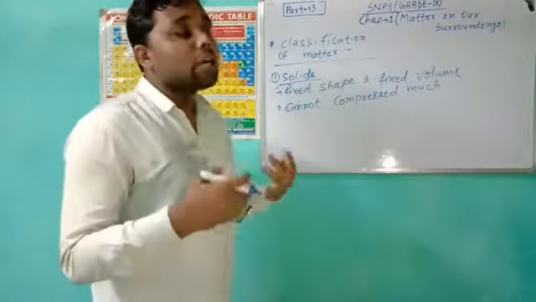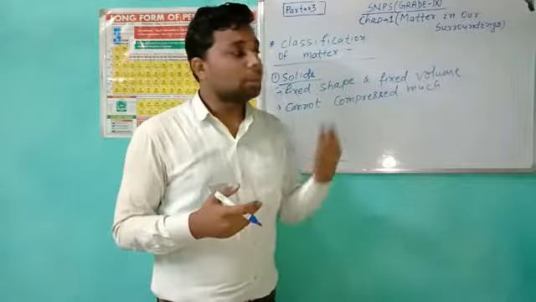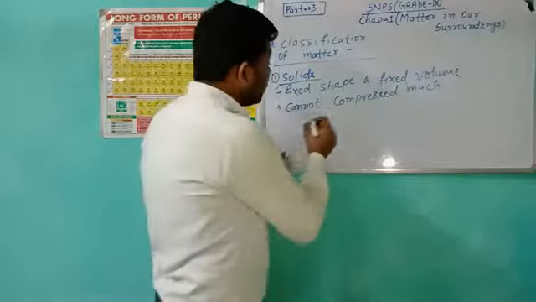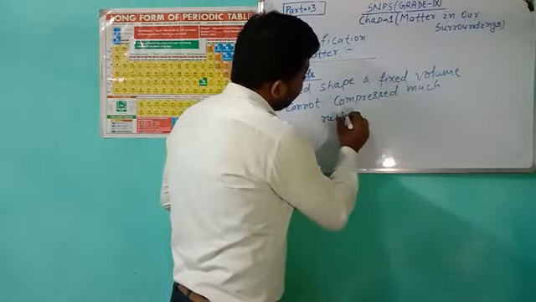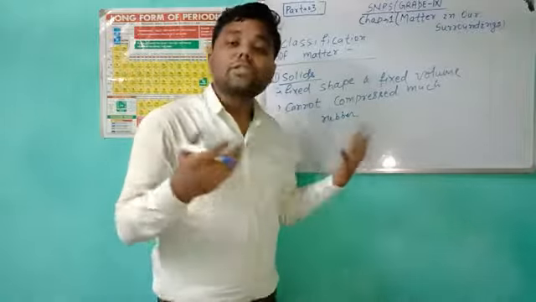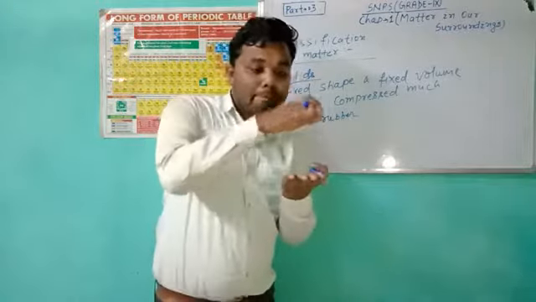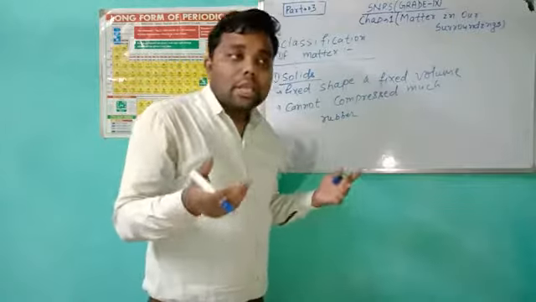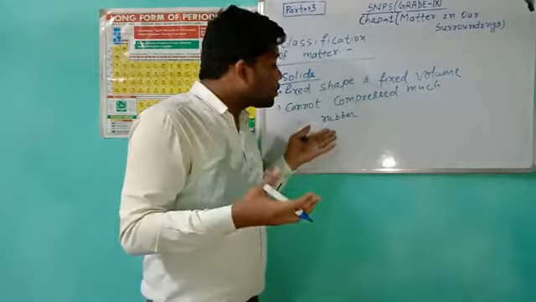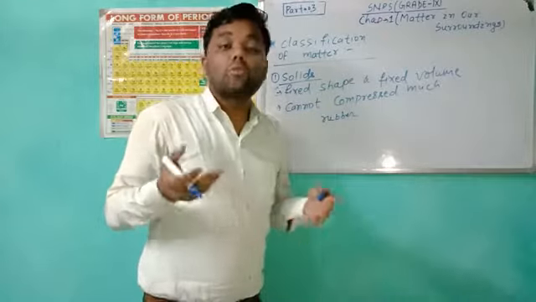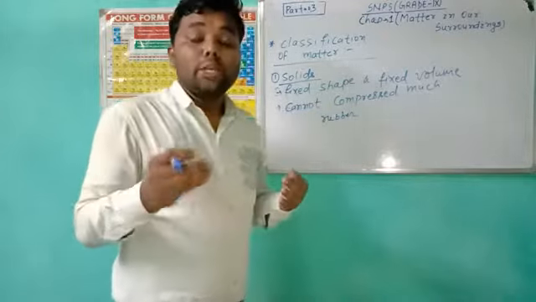But there are some exceptions, the first one being rubber. If we stretch rubber, it changes its shape, and if we press it, it can change its shape and be compressed. Then why, if it is solid, is it compressed? Just because of force.